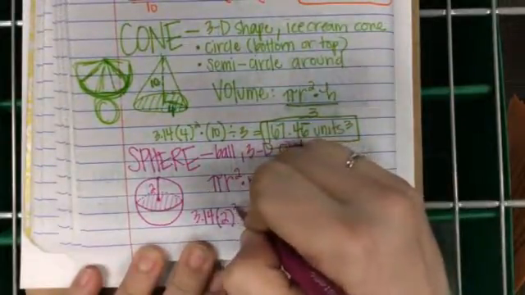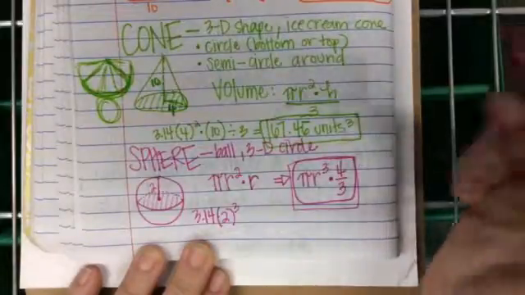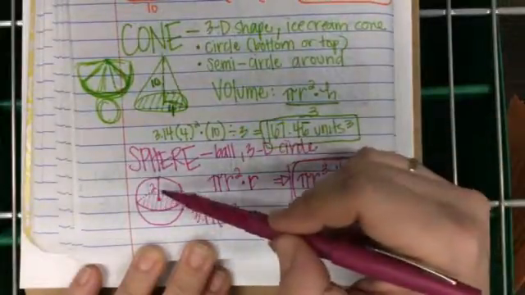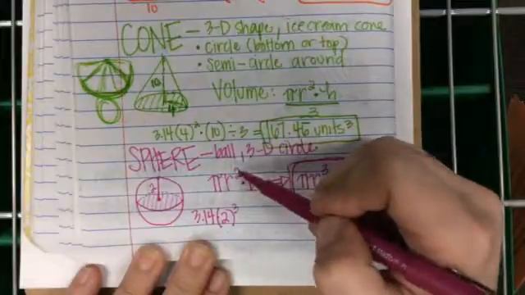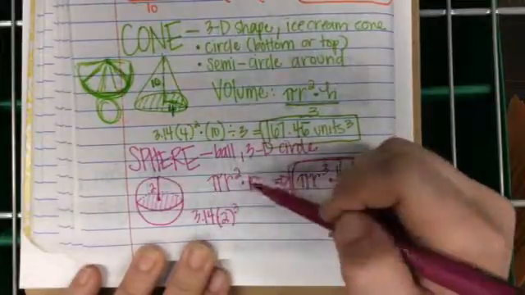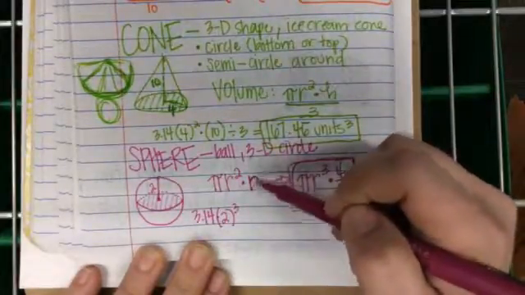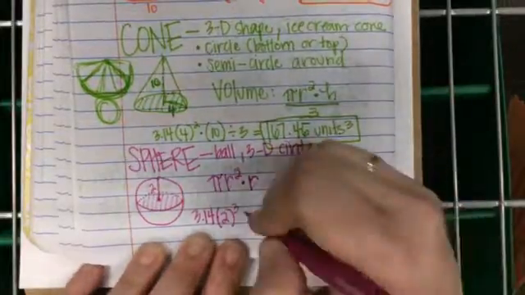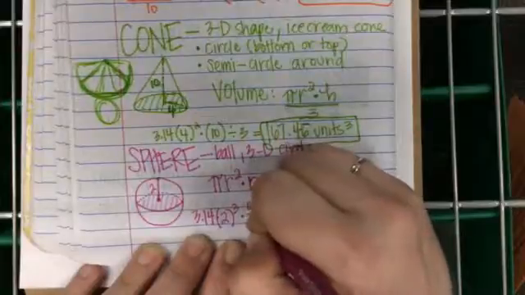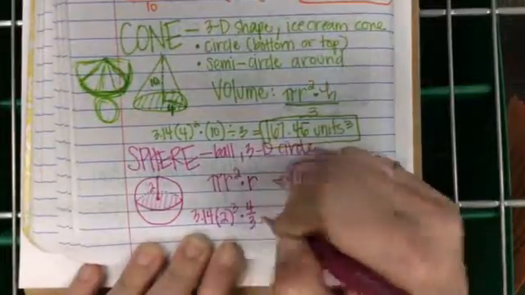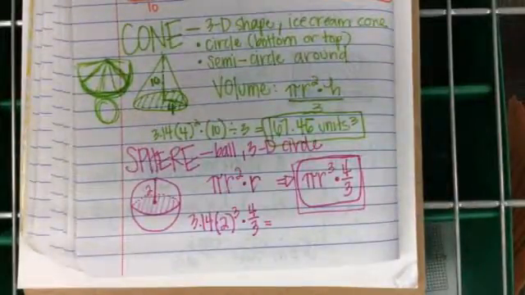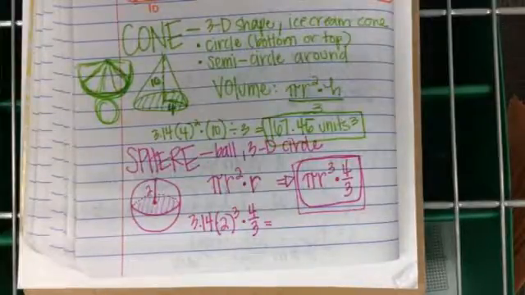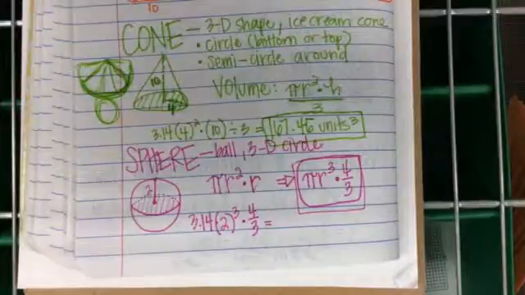It's 2 cubed. Because I have to find the area, so that's squared, but I also have to use that as my height, which is times 2. So it's pi r cubed times 4/3.